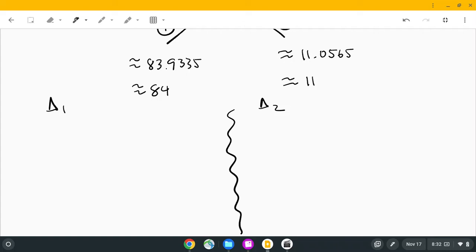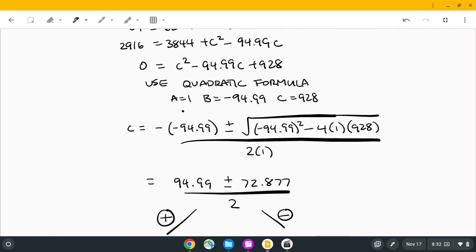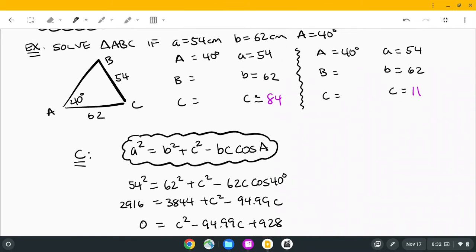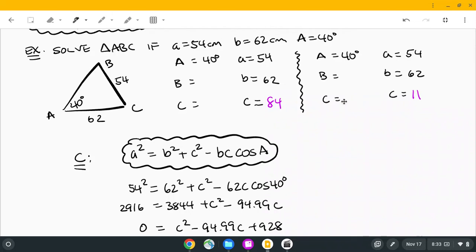Let's go ahead and solve for angle C. You could continue to use law of cosines, but like I said, I think some of you are leaning towards law of sines.